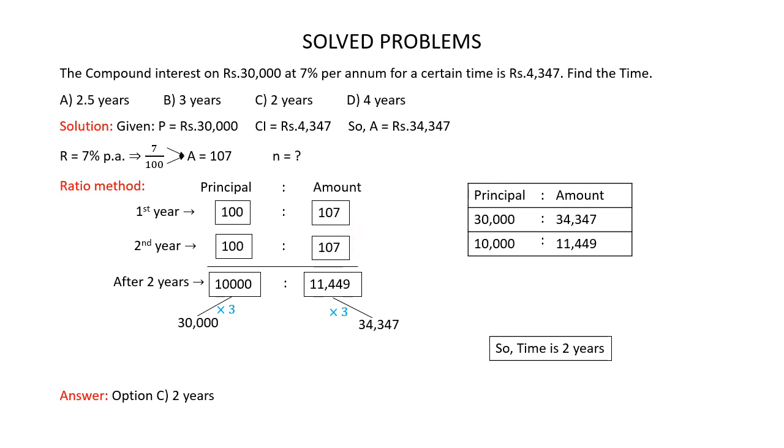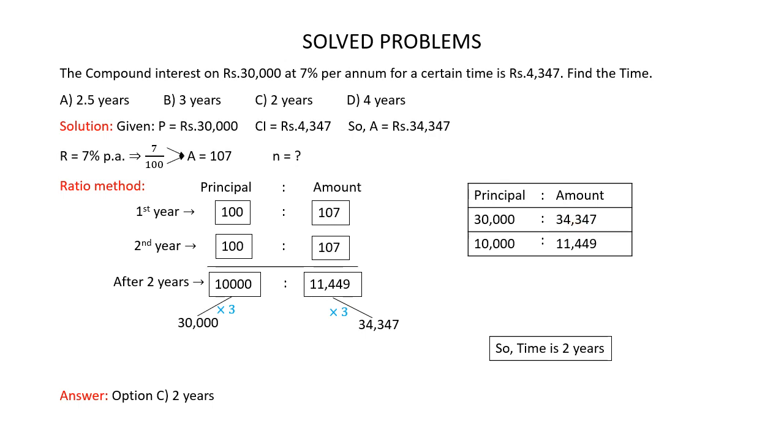But what we do know is that the principal is 30,000 and the amount is 34,347. So after n years, principal is to amount is 30,000 is to 34,347.